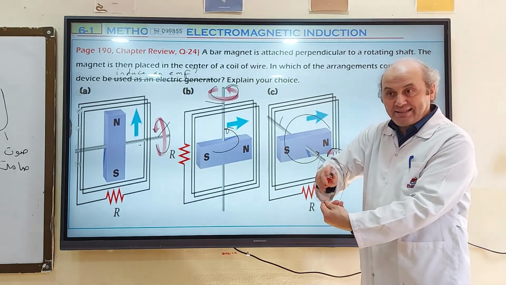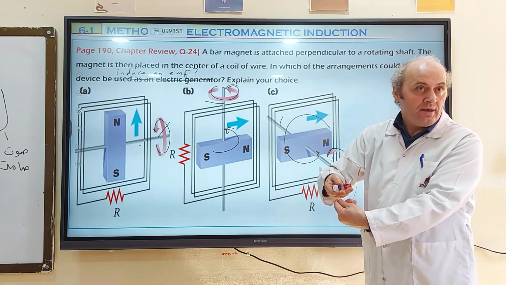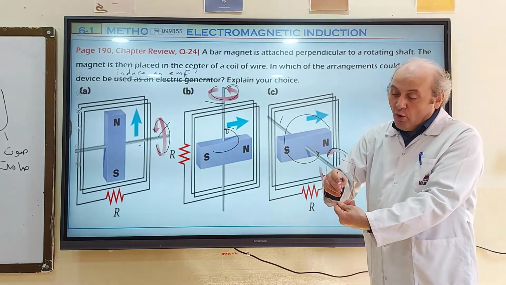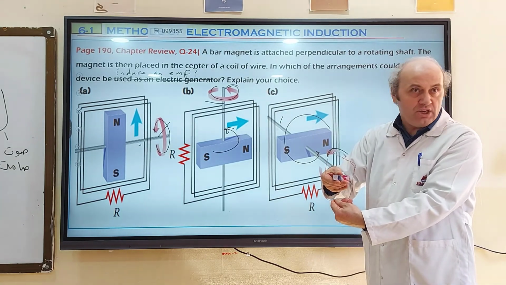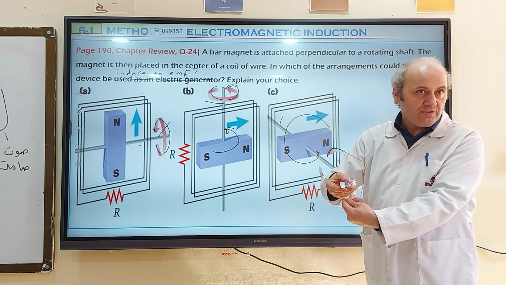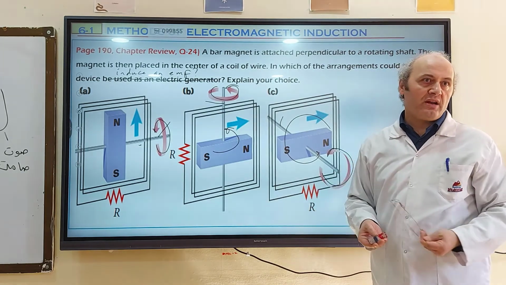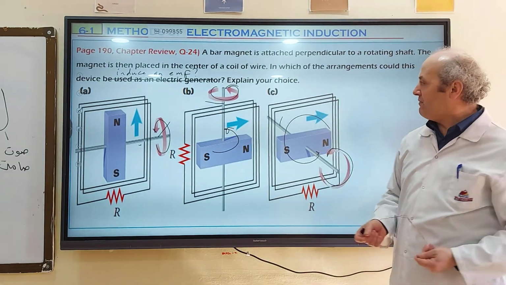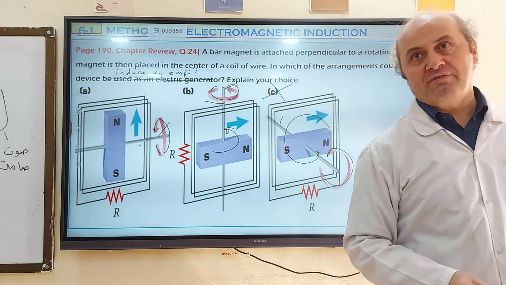Rotating like this does not make a change in magnetic flux. It remains parallel. The plane of the magnet and the plane of the loop are always parallel to each other. Because of that, there will be no change in magnetic flux. If no change in magnetic flux, no induced EMF. So in this one, we cannot induce an EMF.